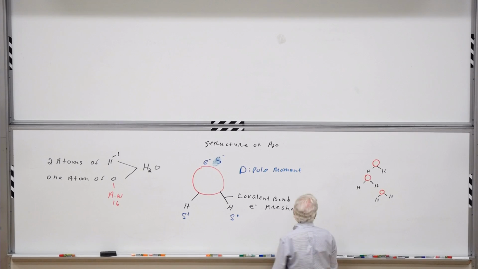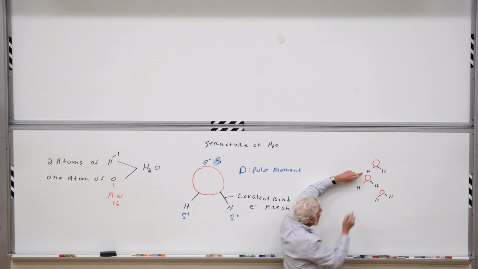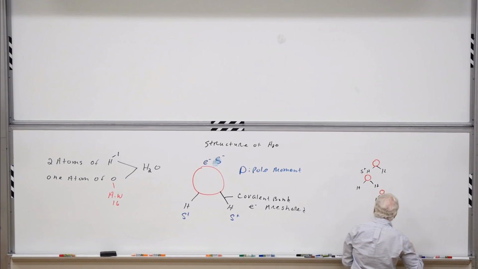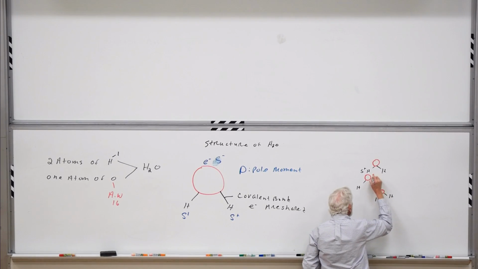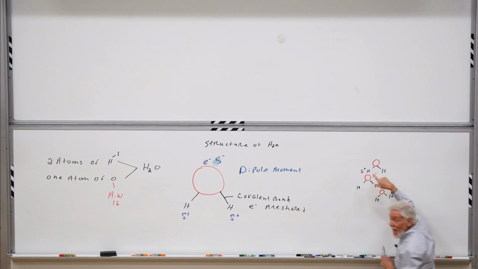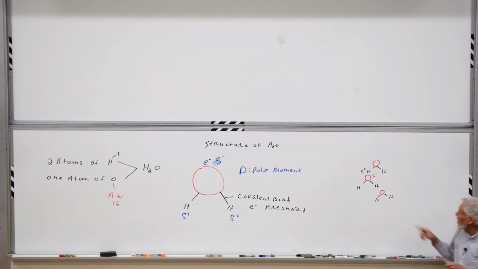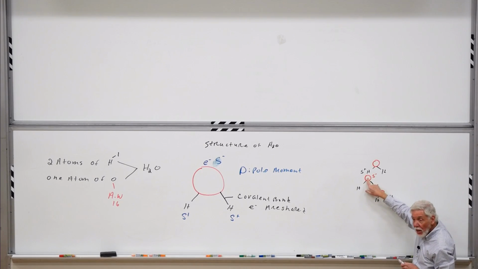Now, because of the charge, this hydrogen has a slight positive charge on it, and the oxygen has a slight negative charge on it. You can think of these charges as tiny magnets. So now there's an electromagnetic attraction between the negative end on the oxygen and the positive end on the hydrogen.